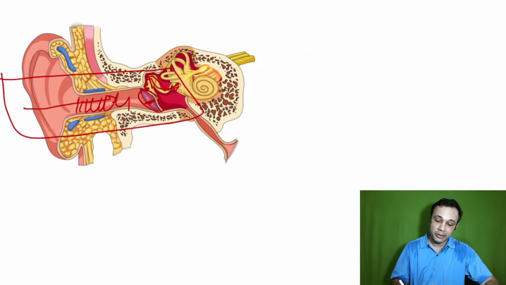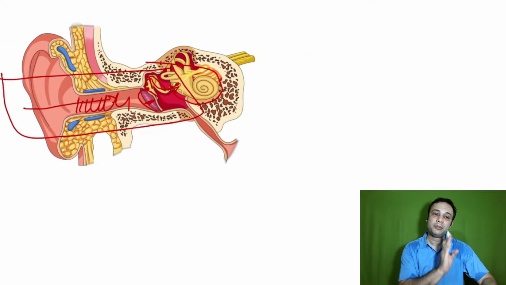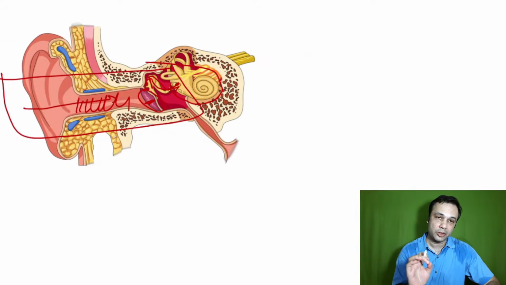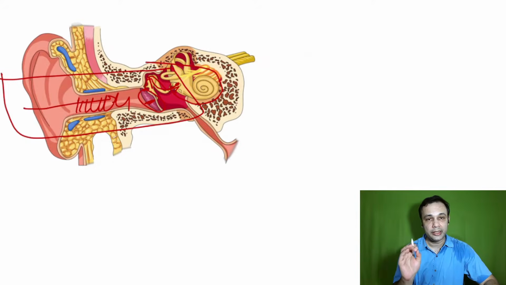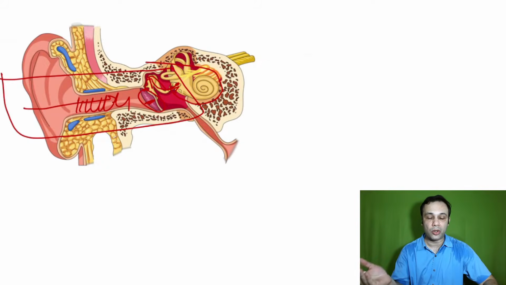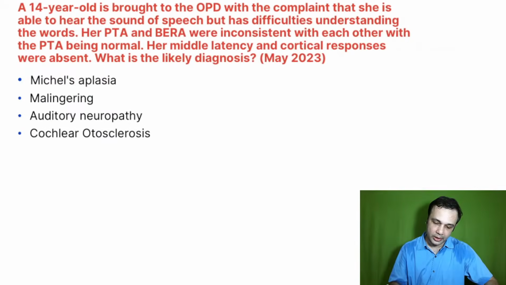Similarly, if the outer hair cells themselves are absent, it can be absent, right? As simple as that, the otoacoustic emission pathway goes this way. Remember, distortion product otoacoustic emission is the easiest and best to measure, and you have all these reasons why otoacoustic emission can fail or the test can be abnormal.